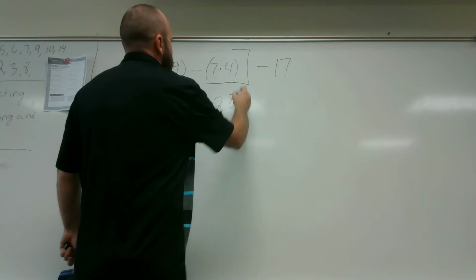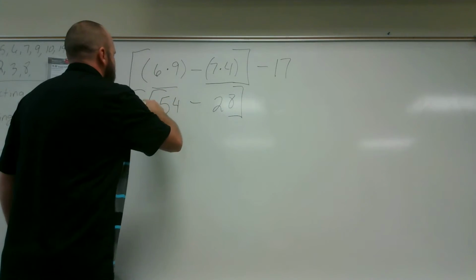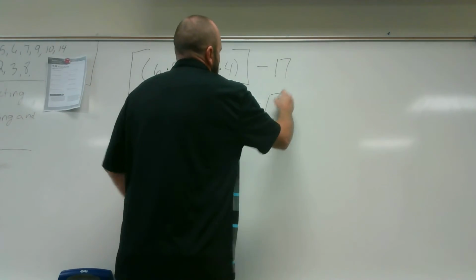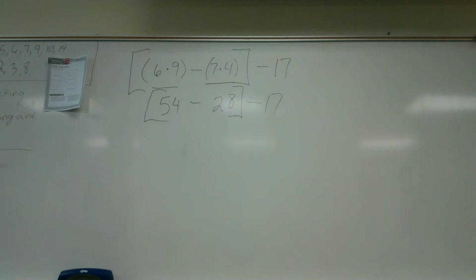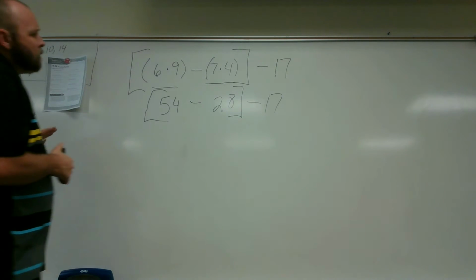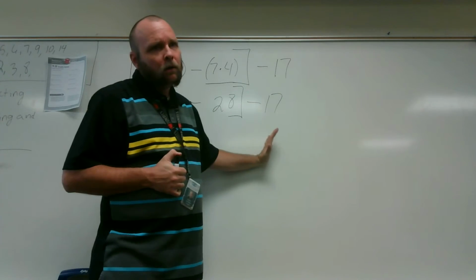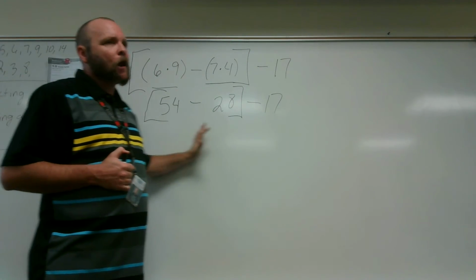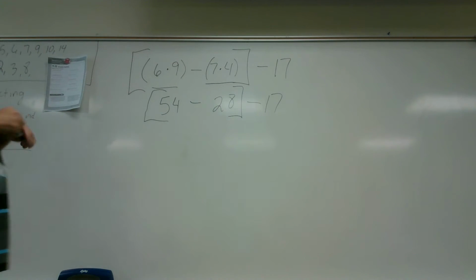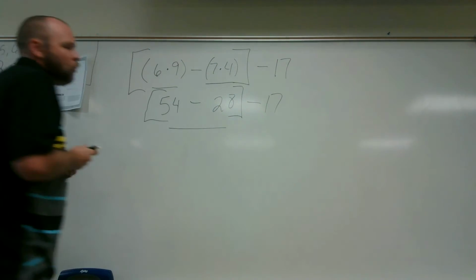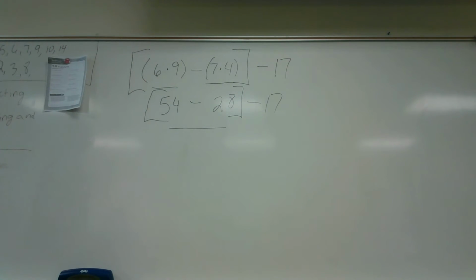We use the subtraction sign. We're still inside the brackets because we've not simplified that all the way down as low as it can go. We do the big grouping symbols first. So, Matt, 54 subtract 28 is what?